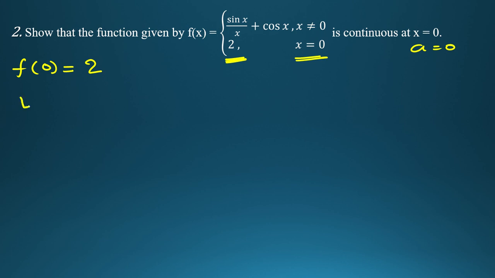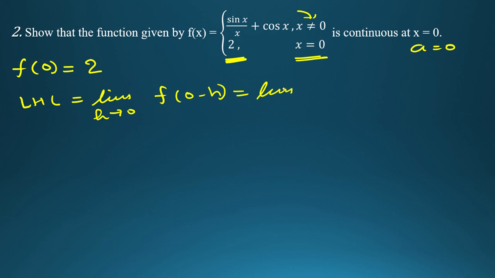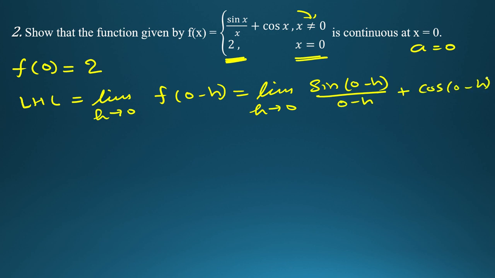Now we will find the left hand limit. Left hand limit means limit h tends to 0 of f(0 minus h), because we have to check at 0, and 0 minus h is not equal to 0. Here we are not talking about greater than or less than, only about equal to or not equal to. So f(0 minus h) is, by the first condition, limit h tends to 0 of sin(0 minus h) divided by 0 minus h, plus cos(0 minus h).